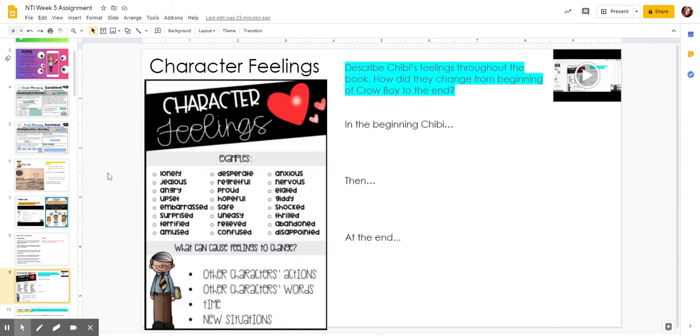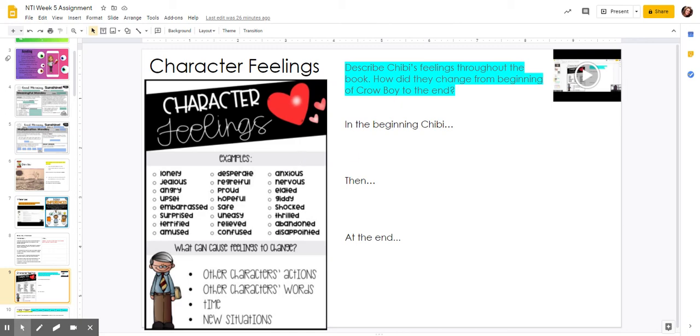The next thing I really want you to pay attention to is feelings. I really want you to try to get away from happy, sad, mad. We really want to move away from 3 and 4 letter feelings. So on this little anchor chart, there are a bunch of different feelings, such as lonely, desperate, regretful, embarrassed, shocked, thrilled, abandoned.